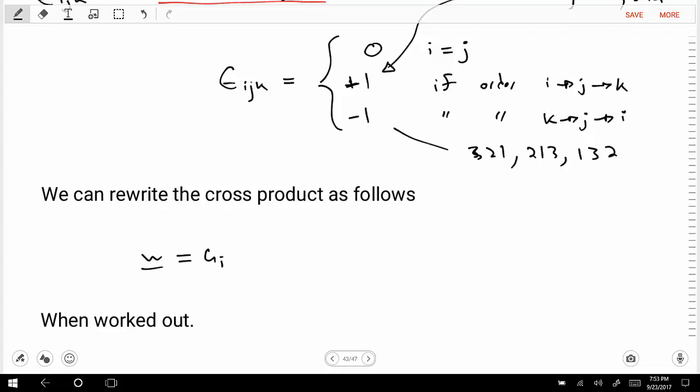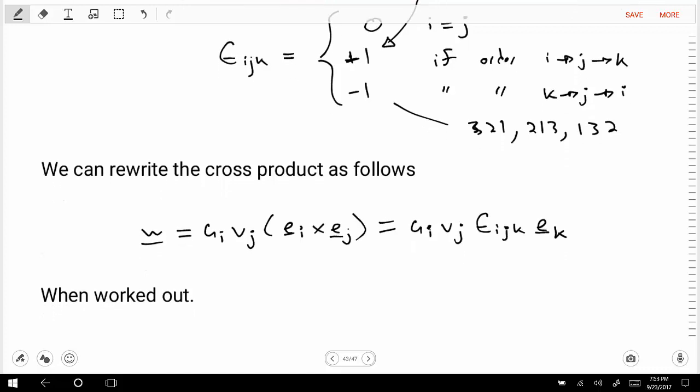So the components U, the components V, which is the cross product of base vectors i and j, well, we can simply rewrite this as U_i V_j epsilon ijk base vectors k, where that k is a dummy index.